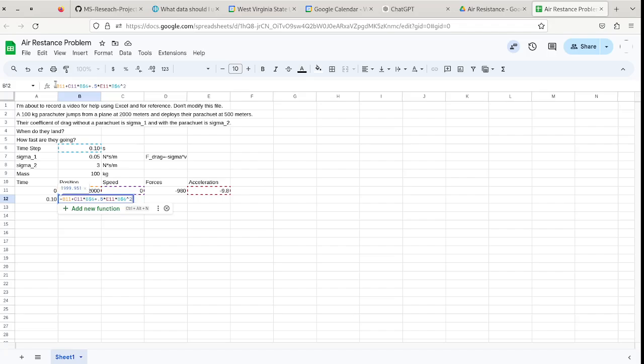This is our position equation. It's the same thing as x naught plus v naught t plus 1/2 at squared. And so there's the next position.